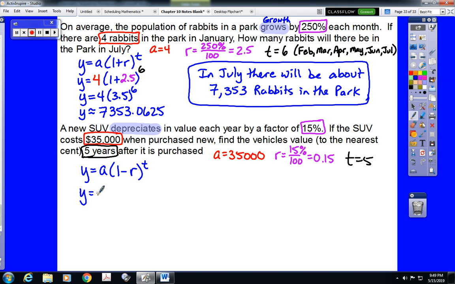So y equals 35,000 times 1 minus 0.15 to the 5th power. So we plug that into our calculator. Again, what we're really plugging in is 35,000 times 0.85 to the 5th power.